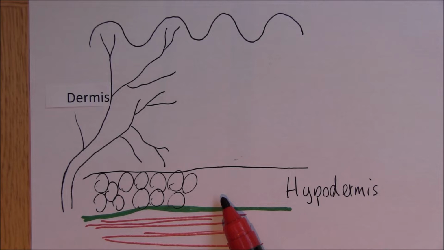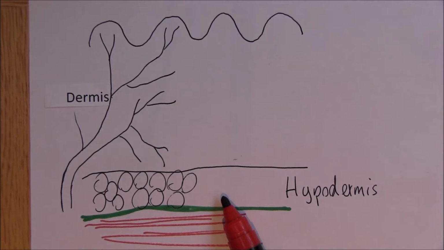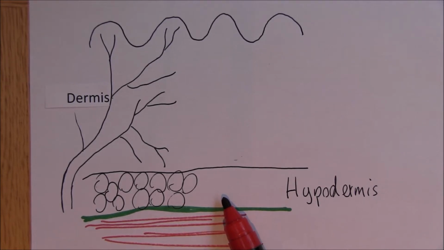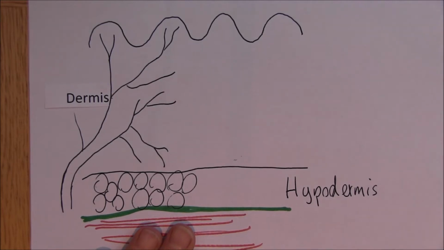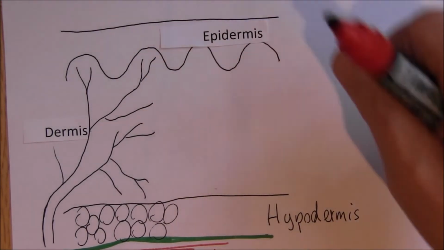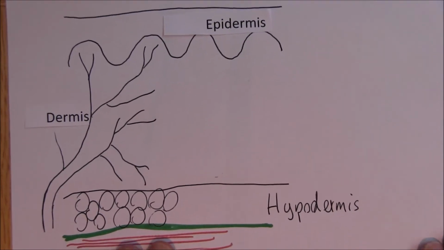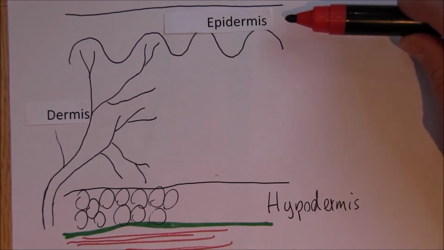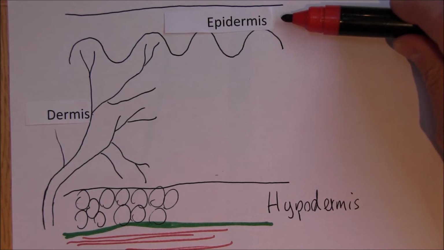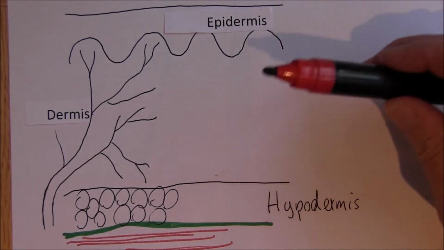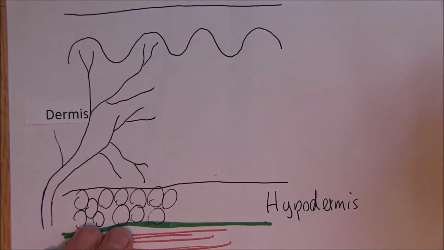There's less blood vessels in the fatty tissues. Fatty tissues are not well perfused with blood. And likewise in the top layer, remember that's the epidermis. In the epidermis there are no blood vessels. The vasculature does not extend into the epidermis. But the dermis is rich in blood vessels.